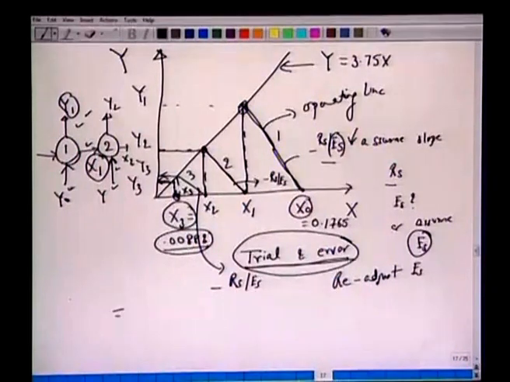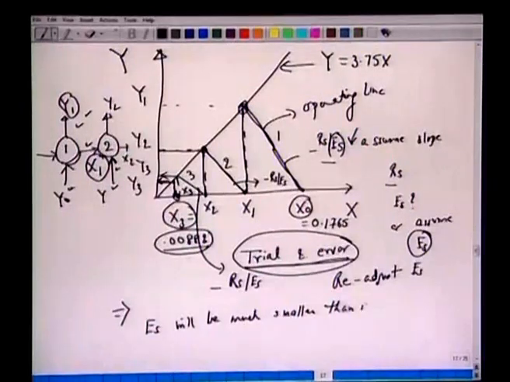If you do this, one can obtain, and I leave it as an exercise to show, that the amount of Es in this case will be much smaller than in the previous case, which was the single stage.